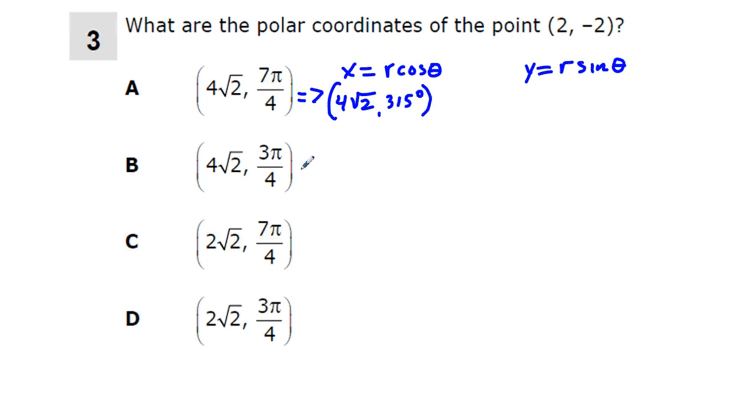All right. This one here is going to be 4 square root of 2, comma, 3 pi over 4, which is going to be 135 degrees.